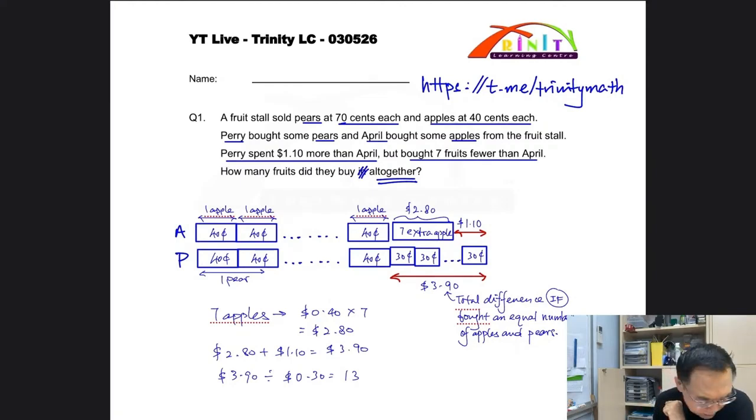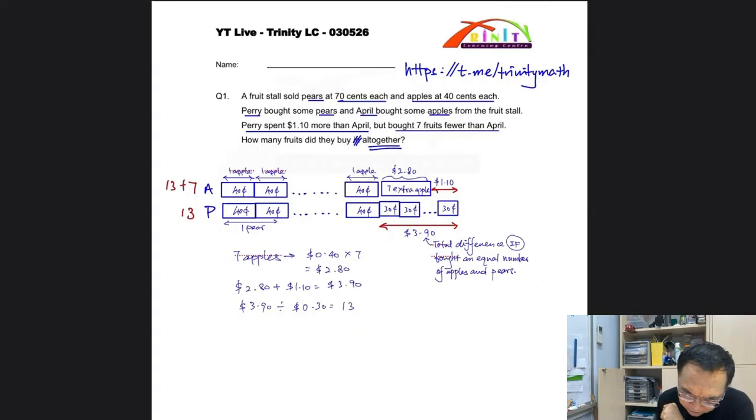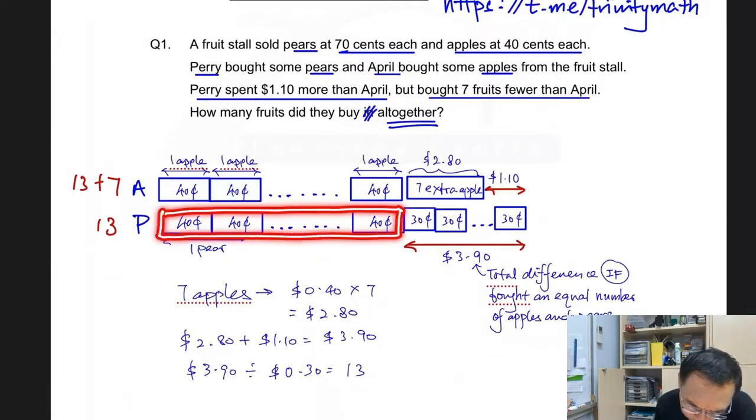It's 33. Because she bought 13 pears and 13 plus 7 apples. So in total, she bought 33 apples and pears. Okay? So that's the answer for this. This is actually 13 pears. This is actually 13 apples.